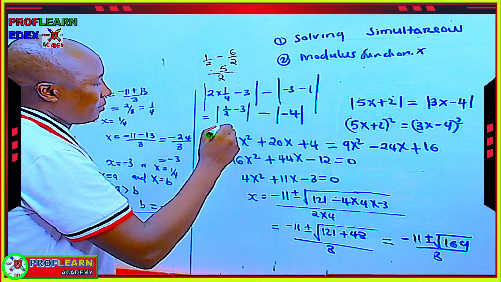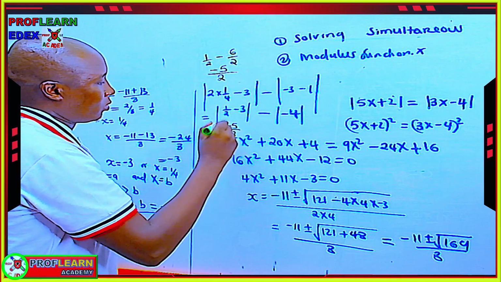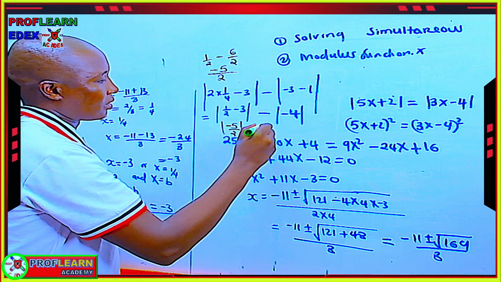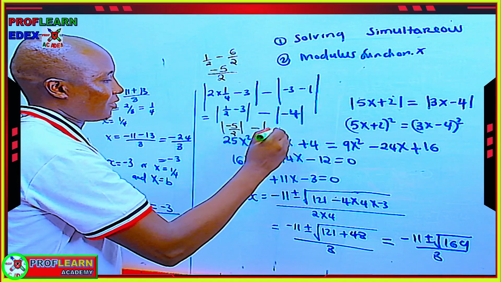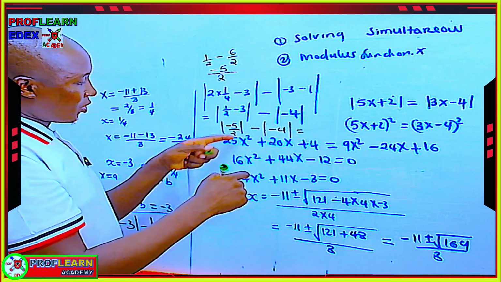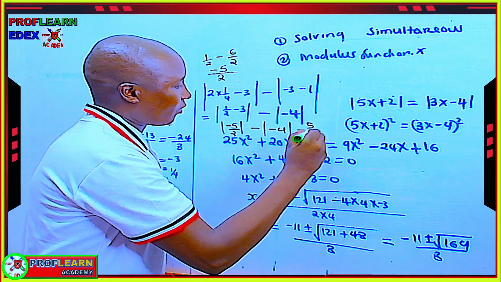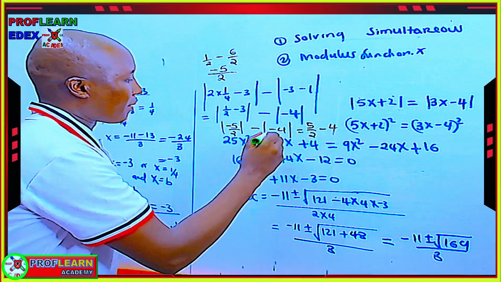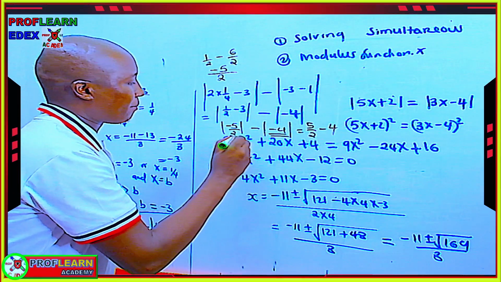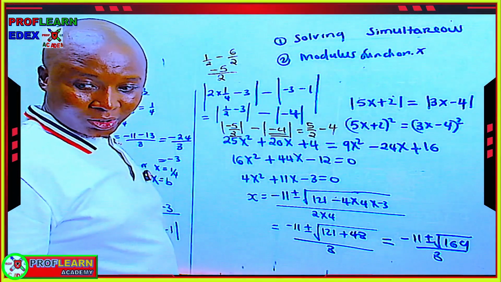So this is going to be modulus of minus 5 over 2 minus modulus of 4. Basically, modulus means we take 5 over 2 positive minus 4. You take the negative numbers that are inside to be positives.